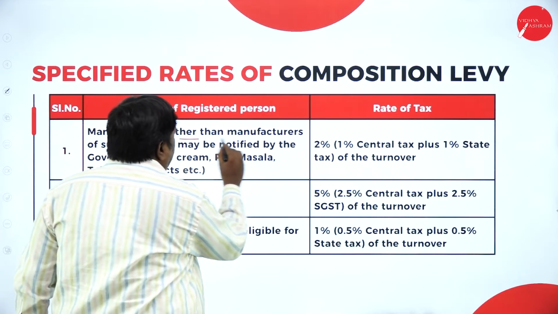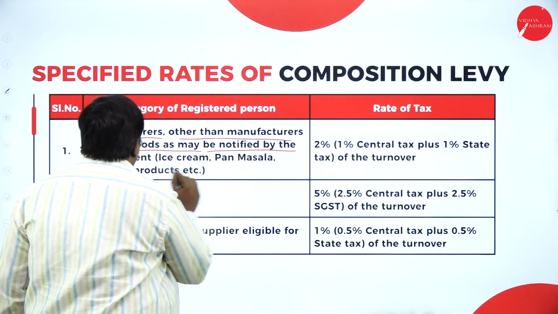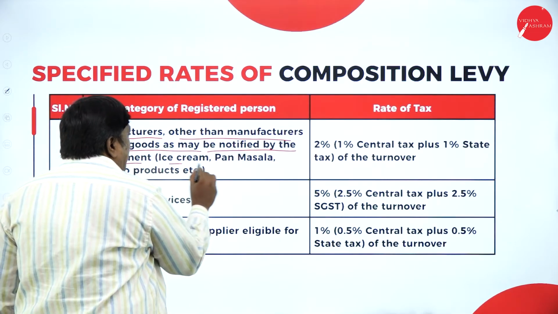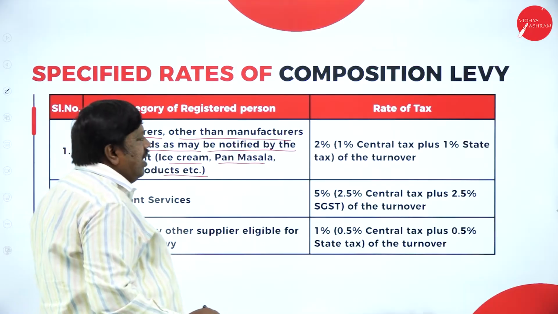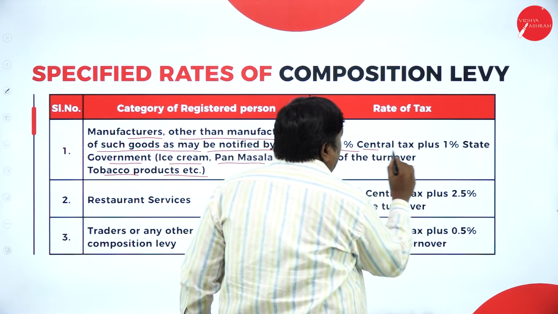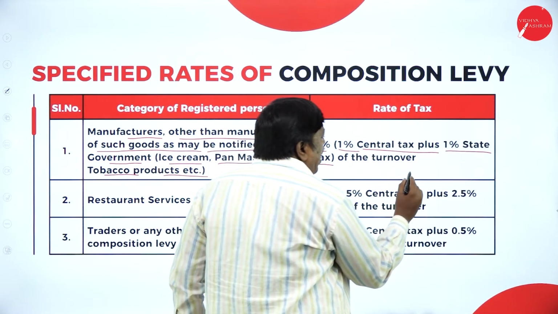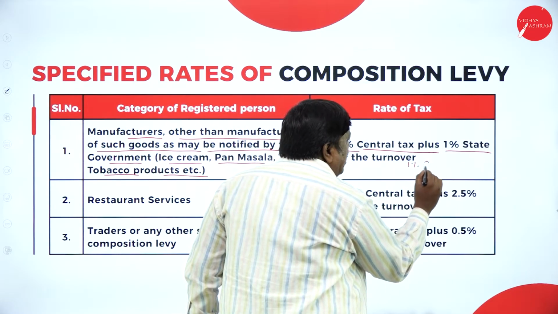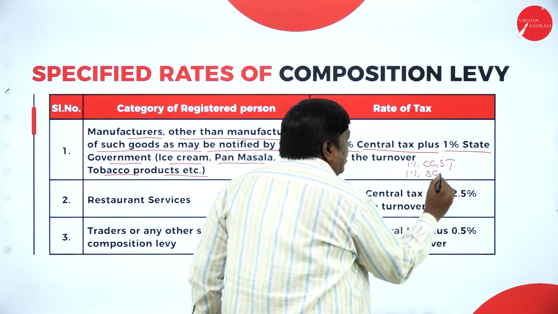Manufacturers, other than manufacturers of such goods as may be notified by the government, such as ice cream, pan masala, tobacco products, etc.: 2%, that is 1% central tax plus 1% state tax. That is nothing but 1% CGST and 1% SGST.